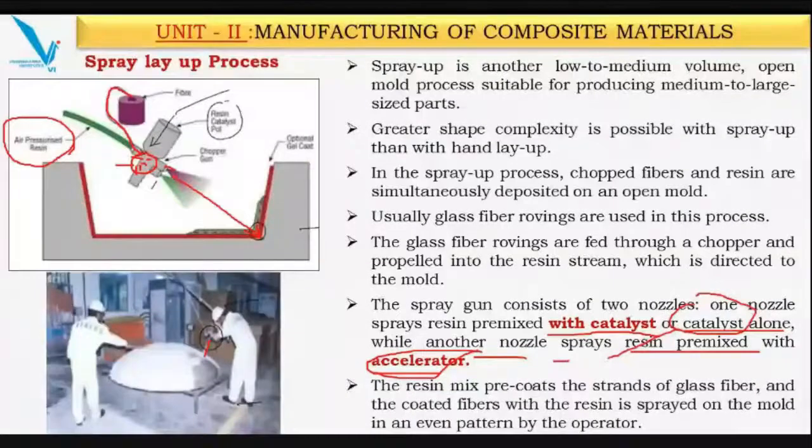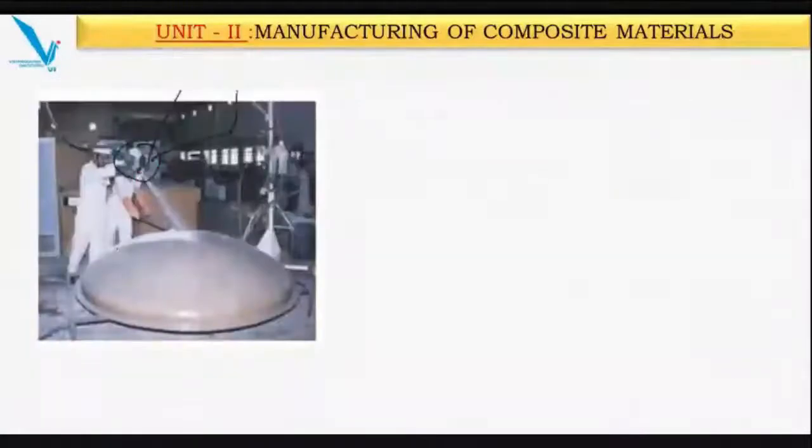The accelerator mainly accelerates the curing process, so it should not get cured in this spot. For that purpose, two separate nozzles are used and sprayed alternately, so that curing happens at the mold and not in the mixing chamber, because otherwise it will get blocked. You have to take that care if you are manufacturing large structures. You can see this particular cover of a pressure vessel or tank being manufactured.